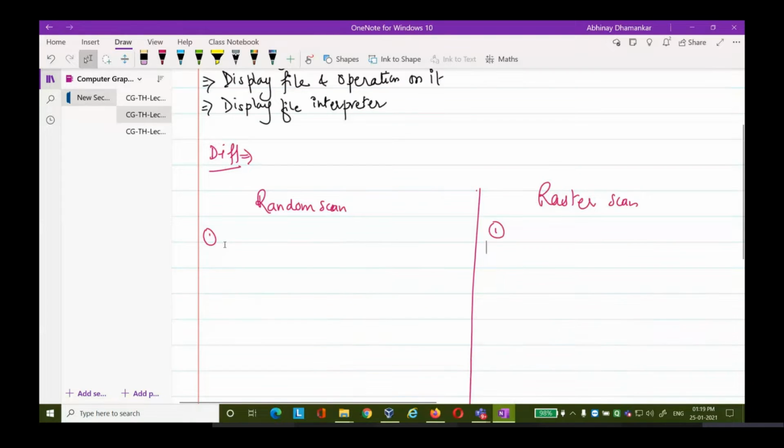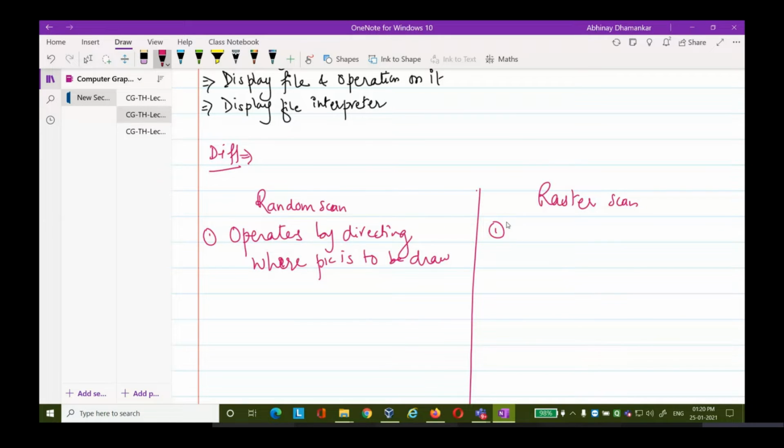the electron beam to only those parts of the screen where the picture is to be drawn.